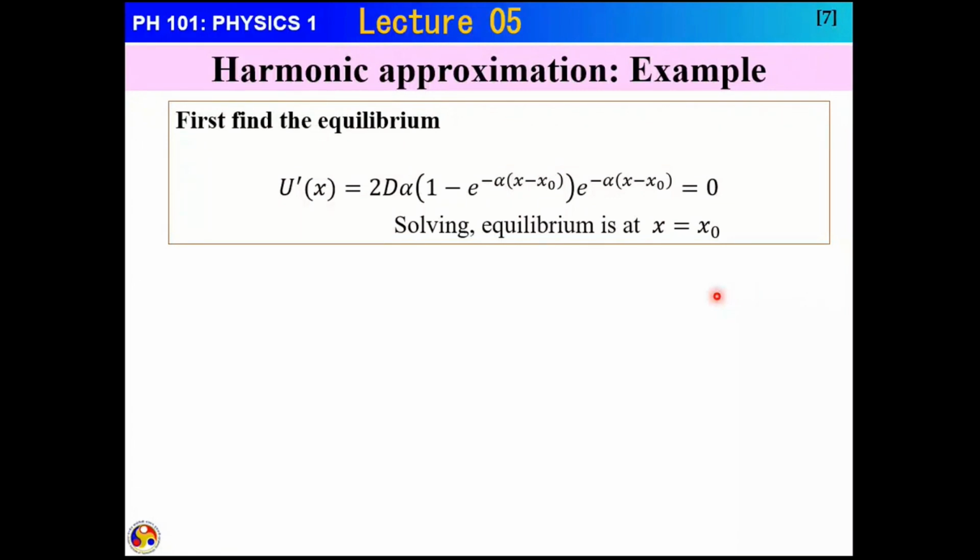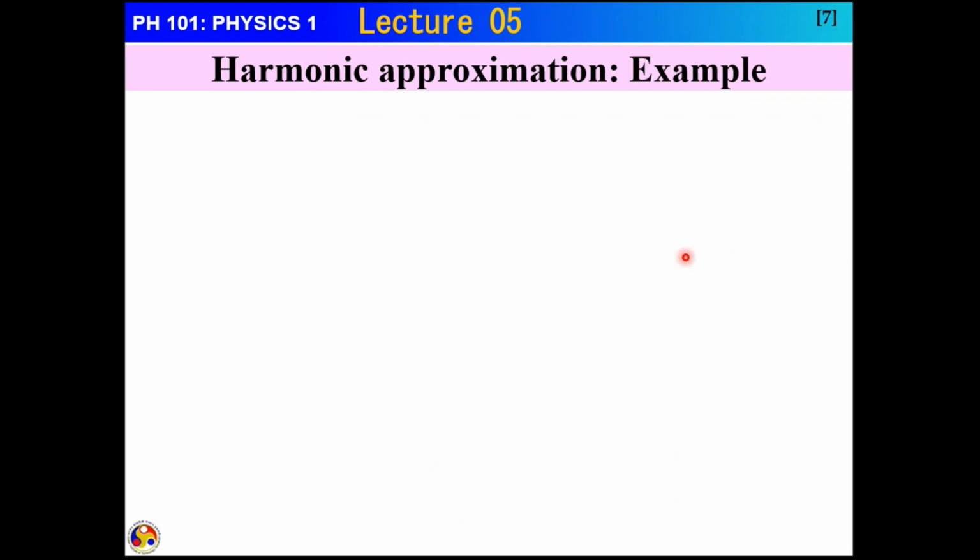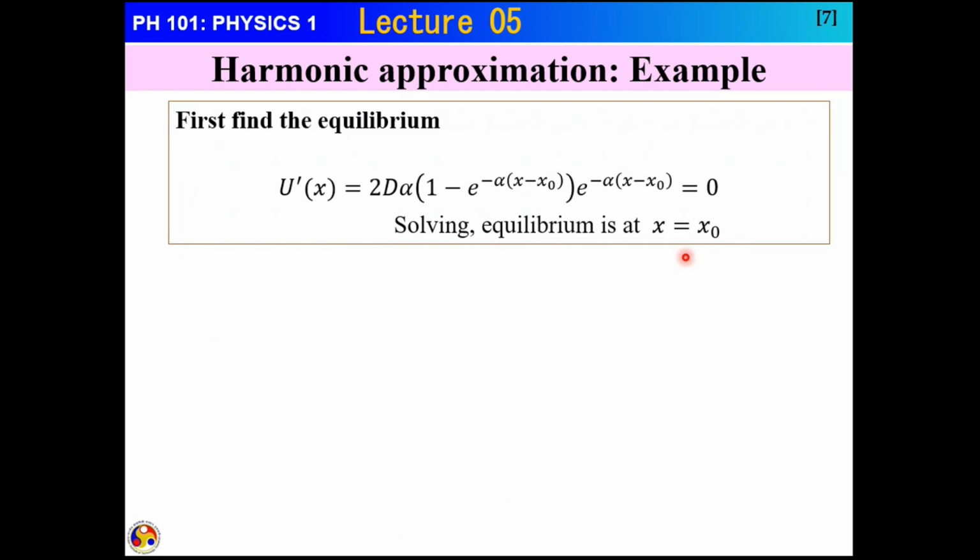If you want to approximate this potential, which is of this form, to a harmonic potential, considering the displacement from the equilibrium is small, you can do so. But you can also find the equilibrium position first.